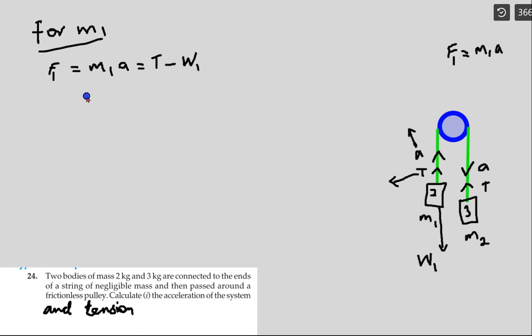This implies M1 A equals T minus the weight of the body, which is m1 g. This becomes the first equation.